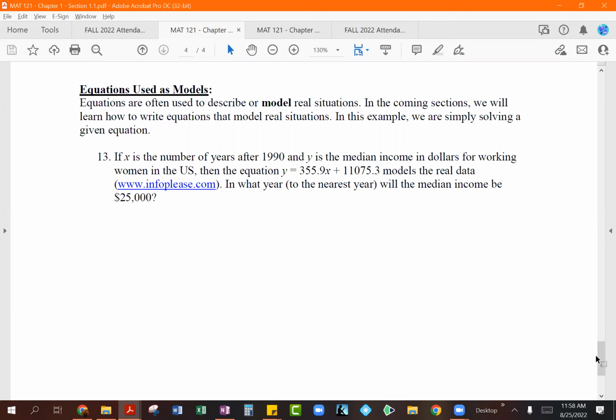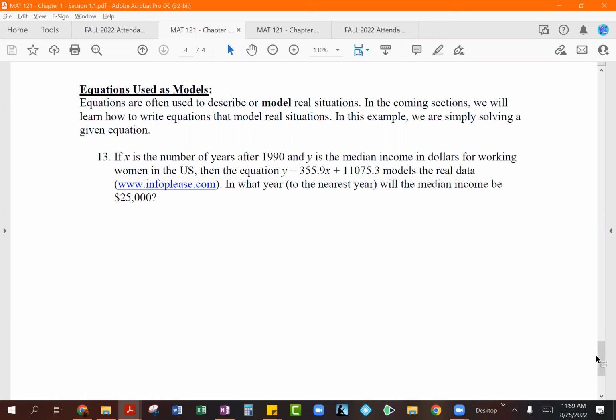So, whatever year they asked us to go for. Y will represent what the median income for women is in the United States. They want to know in what year, to the nearest year, so rounding to a whole number, will the median income reach $25,000?